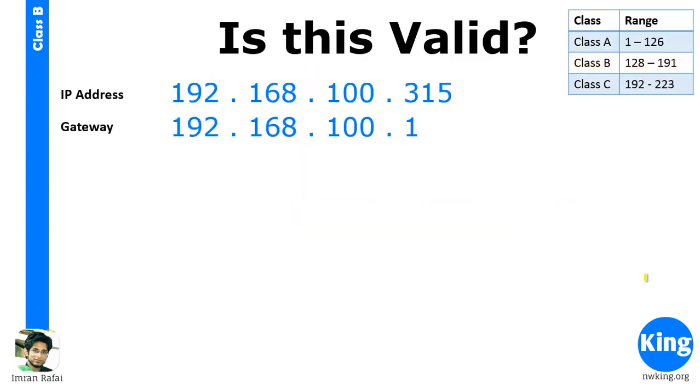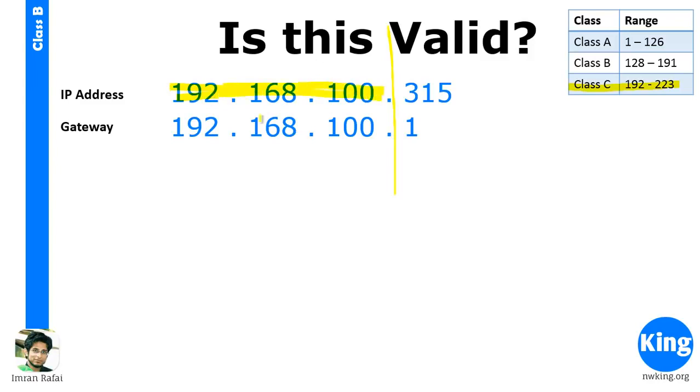Brilliant. Now let's look at another example. 192.168.100.315, with gateway 192.168.100.1. Pause this video and let me know if it is valid. 192 is a class C IP address. Very good. If it is a class C IP address, the division is here. So is it the same?